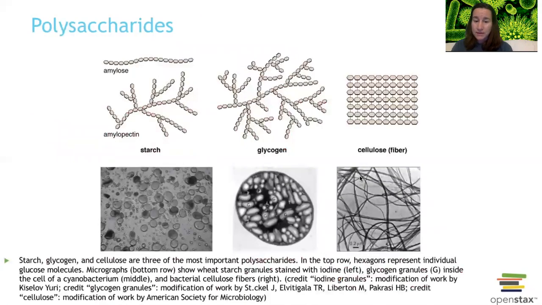We're on polysaccharides, and these things have hundreds of sugar molecules all bound together. So there's different types of polysaccharides out there. These are the three common ones that I want y'all to know. So our carbs are going to be a form of short-term energy storage.